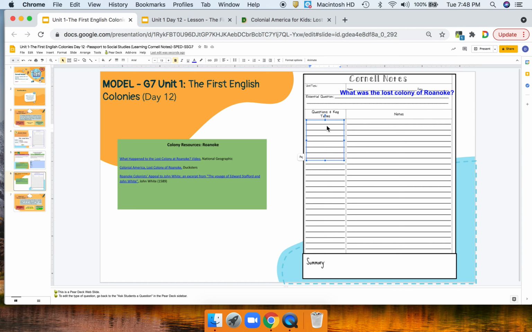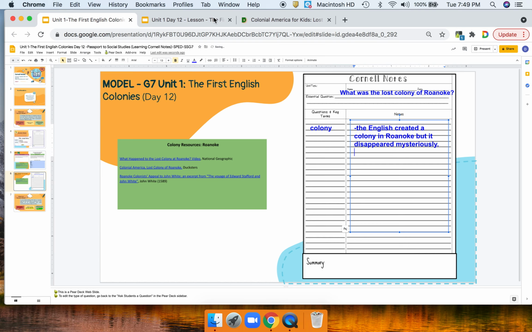And I see that I can write down a key term, which is colony. And one of the first pieces of information I see is that the English created a colony in Roanoke, but it disappeared mysteriously. We don't know what happened to it.